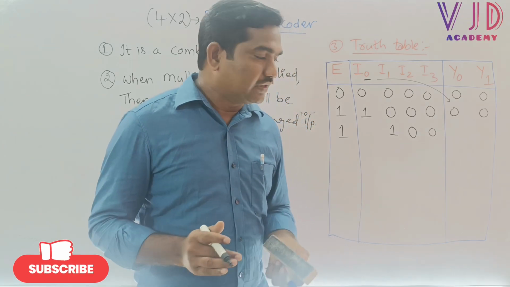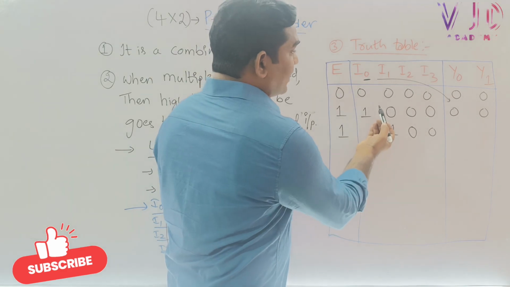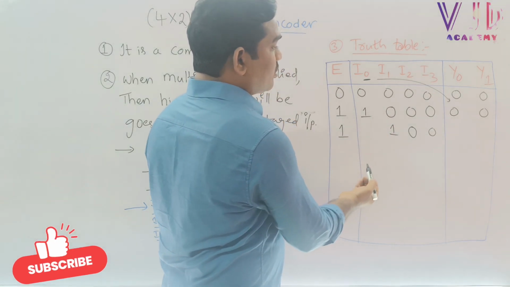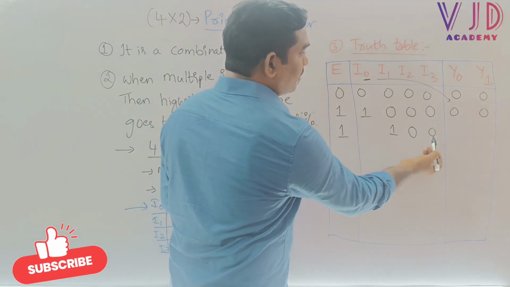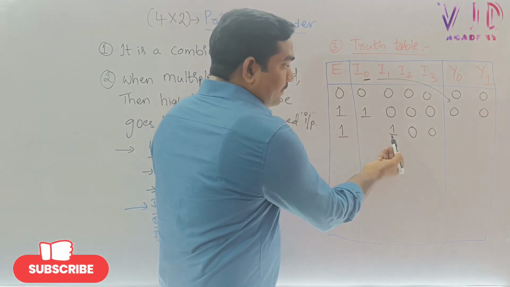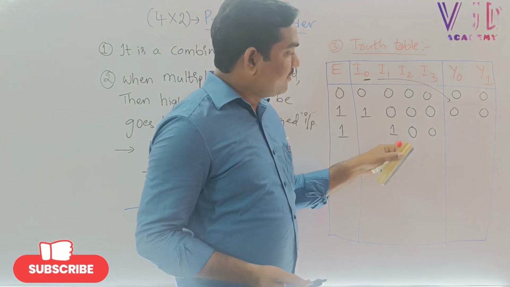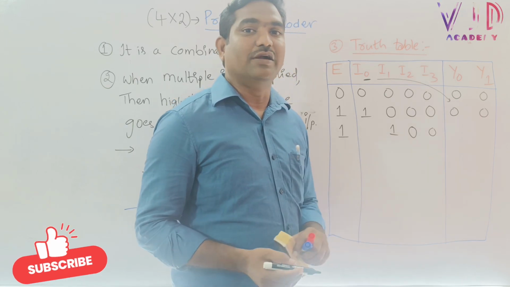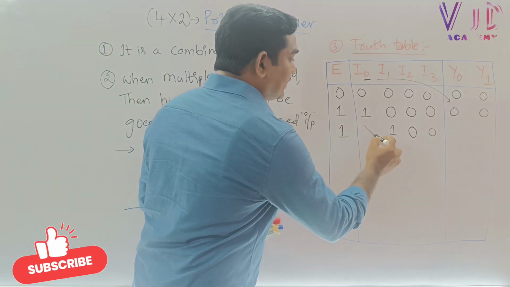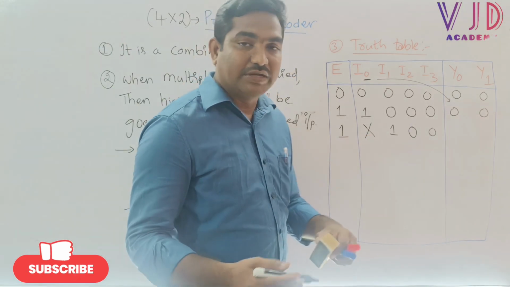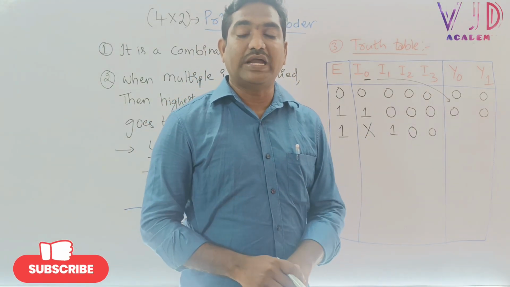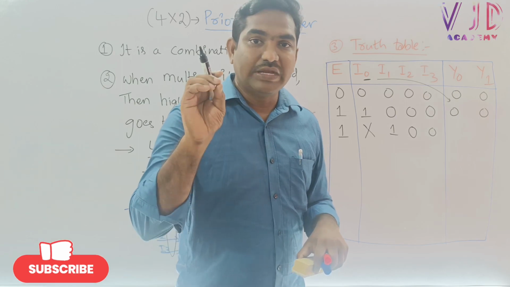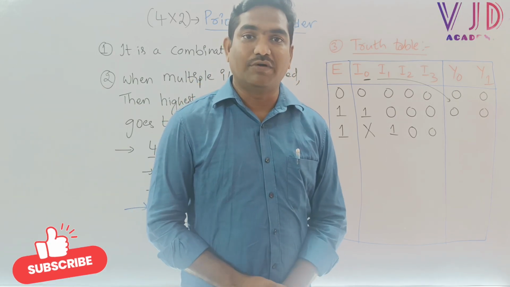So when we apply I1, I2 is 0 and I3 is 0, and I1 is the topmost priority, so the lower level, I0, will be entirely disabled, not even 0, it will be disabled. That is the only concept we need to understand in a priority encoder.